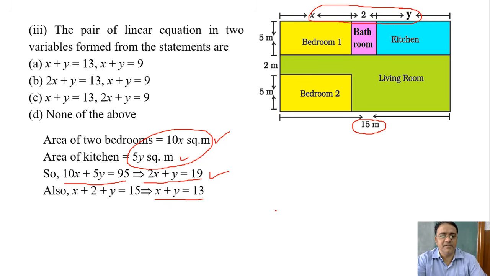Option C. Option D, क्योंकि ये दोनों इक्वेशन यहाँ पे नहीं है, देखो. The option D is the correct answer. Okay. So now we'll move towards the next question. तो हम लोग को दोनों इक्वेशन मिल गया. कौन कौन सा? X plus y is equals to 13 and 2x plus y is equals to 19.